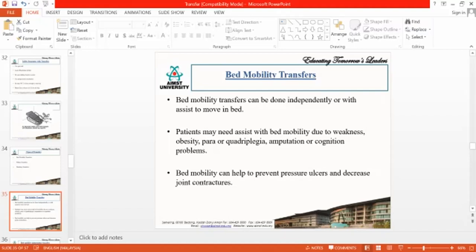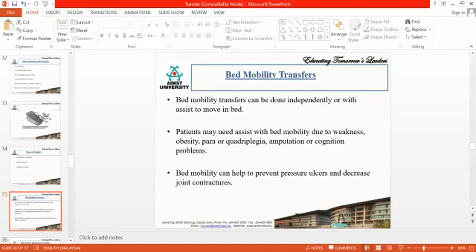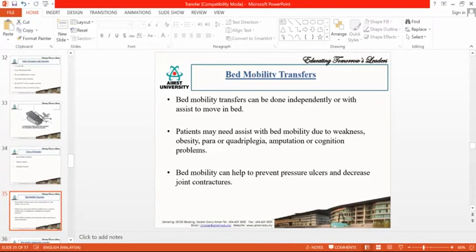because if these patients are lying down in bed for a very long time, they may end up with bed sores or pressure ulcers. Because of their own body weight, the patient's body will be getting pressurized and they may get this ulcer. That is called a pressure ulcer. Then if the patient's legs or hands are not positioned properly, they may end up with joint contracture.